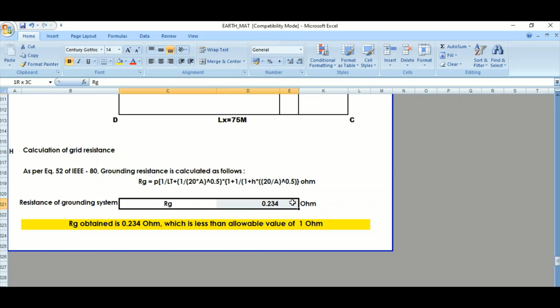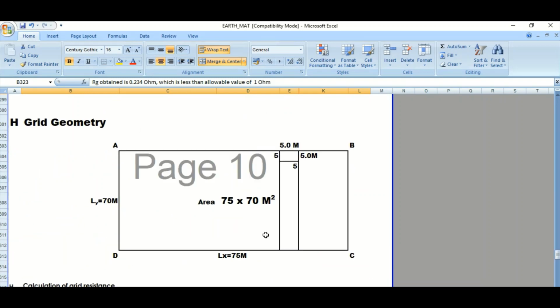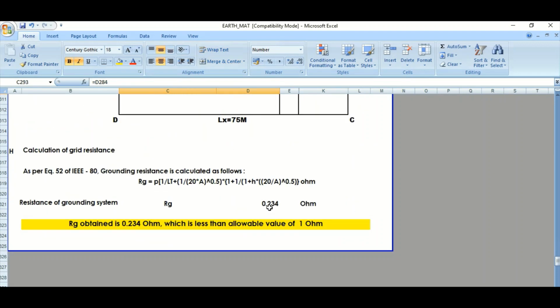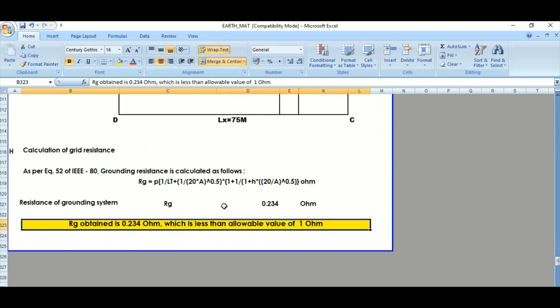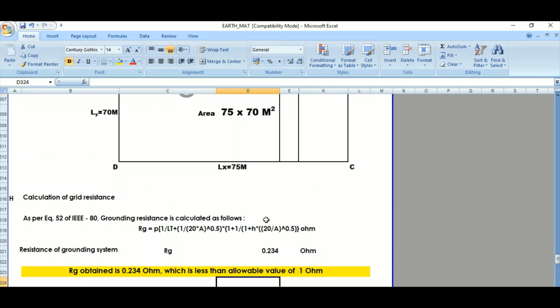This is the final thing we need to check: the value of Rg, the ground grid resistance, should be below the allowable limit of 1 ohm. So finally, these are the things: the touch and step potential, and the ground grid resistance, which should be below 1 ohm. And using the ETAP simulation software, you can do the same thing I have just explained in this Excel spreadsheet.